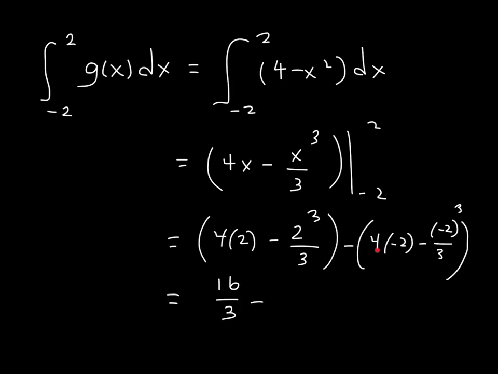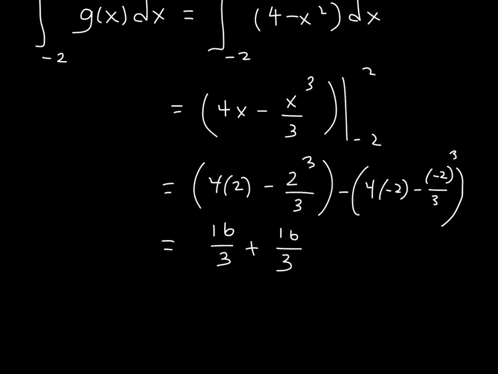Minus, this is going to be negative 8 minus, actually it's going to end up being a plus because this is going to be negative 8 thirds, and then minus a negative 8 thirds is a positive 8 thirds. So this is negative 8, which is negative 24 thirds plus 8 thirds. So that is a negative 16 thirds, but then this negative in front makes it a positive. So a positive 16 thirds. So then if my arithmetic is correct, this is positive 32 thirds, which is what our gut was saying.